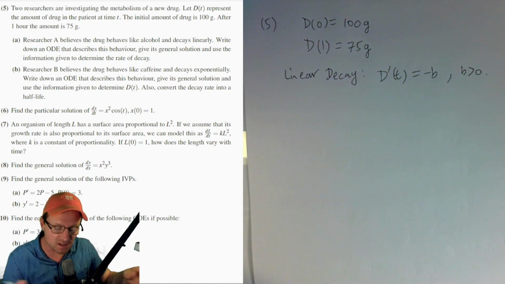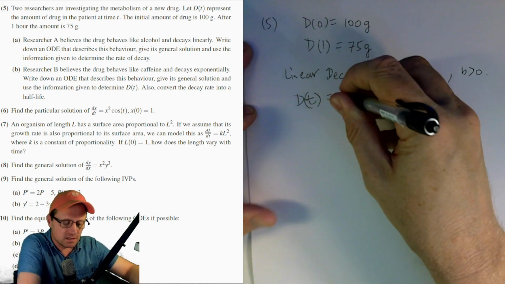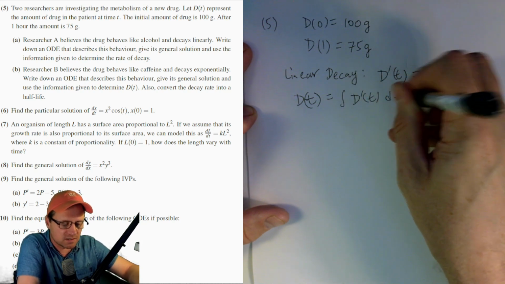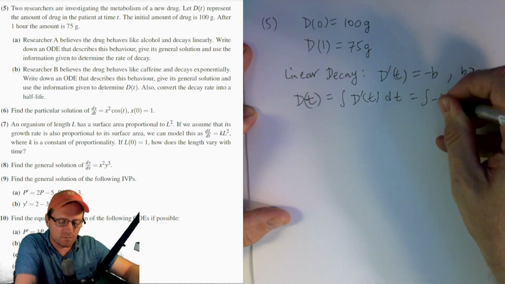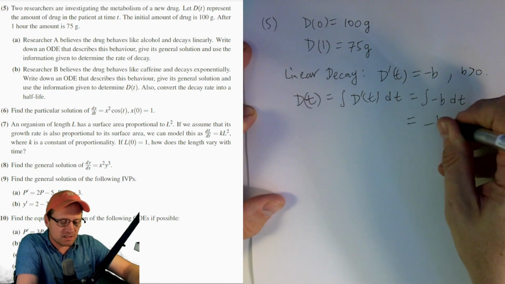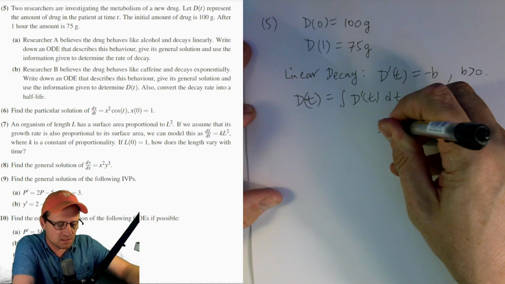Solving this gives us D(t) is the integral of D'(t) with respect to t, so the integral of minus b with respect to t. So we get minus bt plus a constant c is D(t).